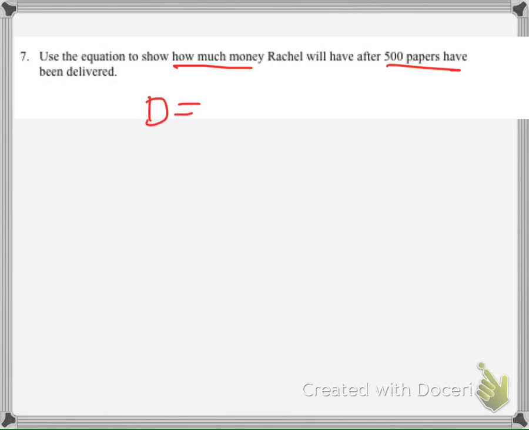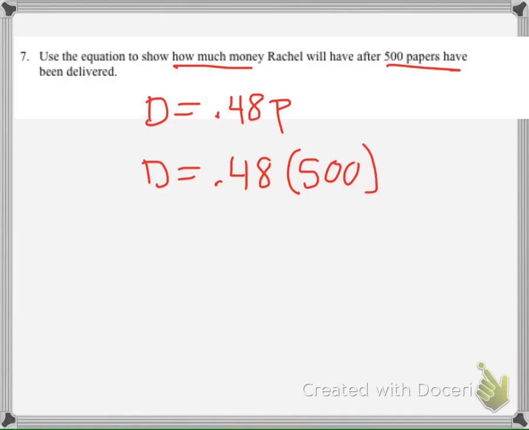So if I write down our general equation, they're giving me amount of papers, which was P. So I'm going to substitute P for 500. And now I just simply have to do 0.48 or 48 cents times 500, which gives me $240. So if she delivers 500 papers, she'll make $240.